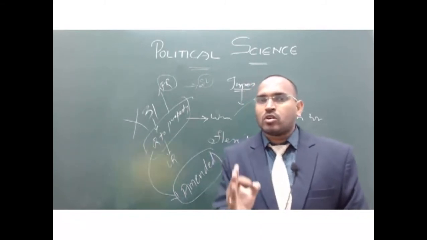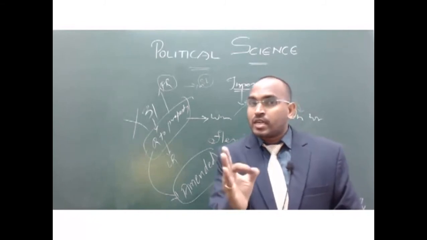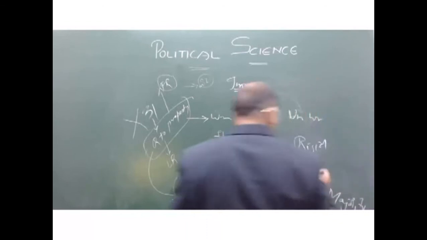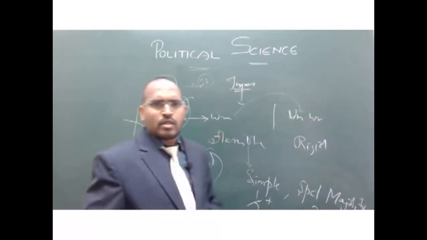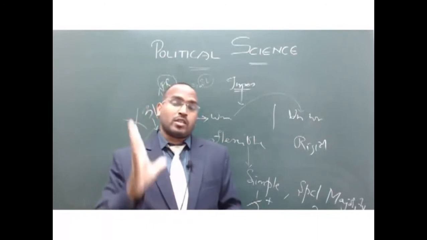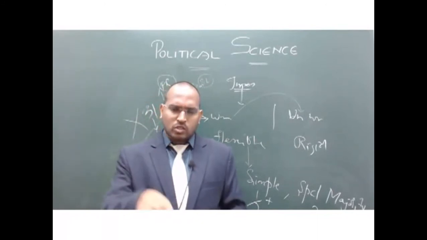But in India, in order to amend a single sentence, there are two ways. One is with a simple majority and the other with a special majority. It's clearly mentioned that in order to amend the fundamental rights, a special majority is needed, because it is mentioned in the Constitution.